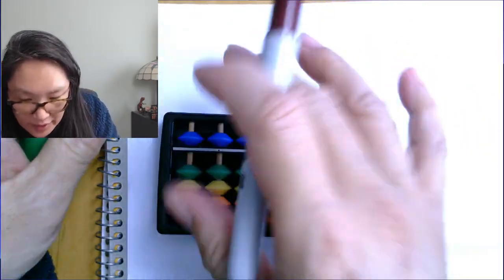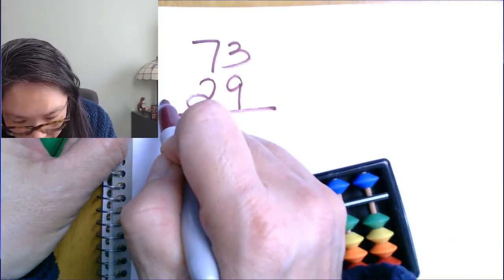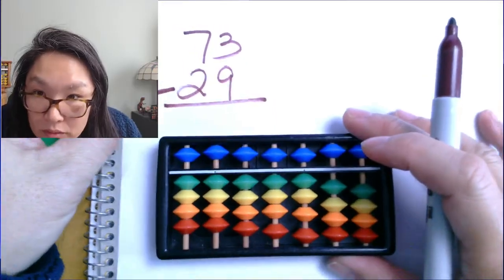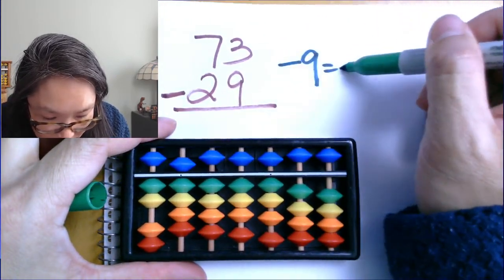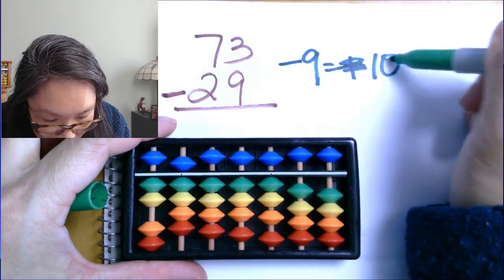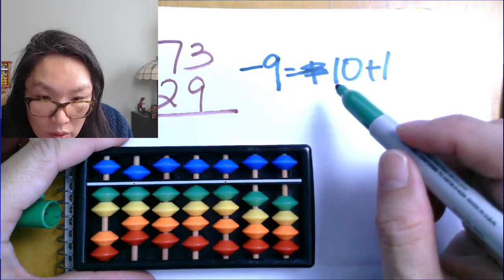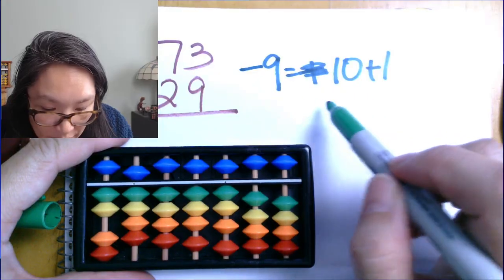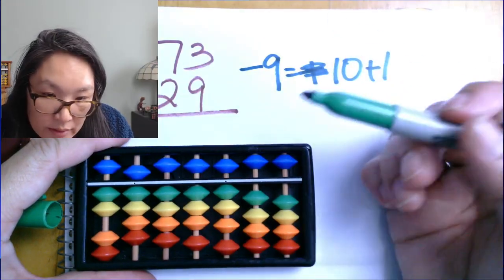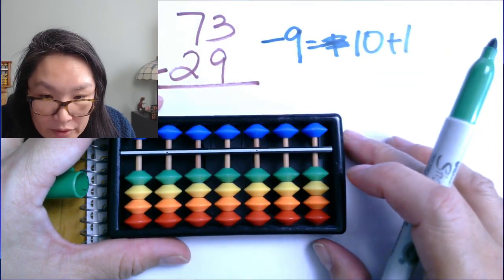So 73, and then minus 29. When we're doing it, we need to remember our formula. Minus the 9 is equal to minus the 10 plus the 1. So that's a formula. So we can add the 10, and then we add the 1. That's fine too.